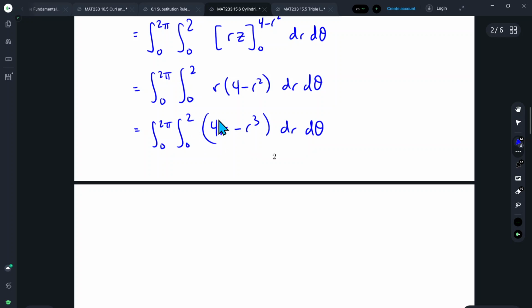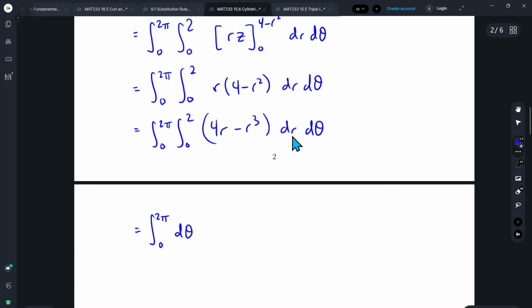Okay, so now we integrate with respect to r. Notice that the whole inner integral doesn't depend on theta. So I can separate the theta and the r, and write this as the integral from 0 to 2 pi d theta, calculated separately.